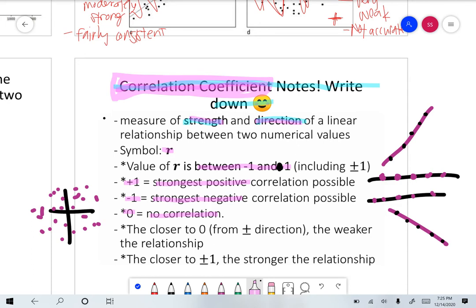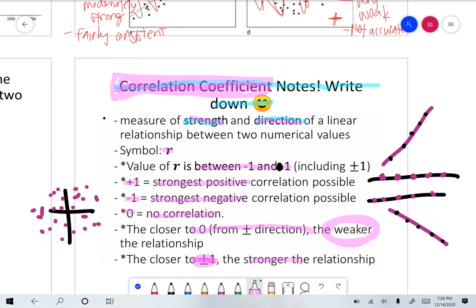The closer to 0 your correlation coefficient is from either direction, the weaker the relationship, and the opposite is true. The closer to negative 1 or positive 1, the stronger the relationship.